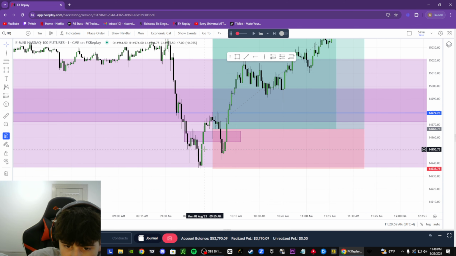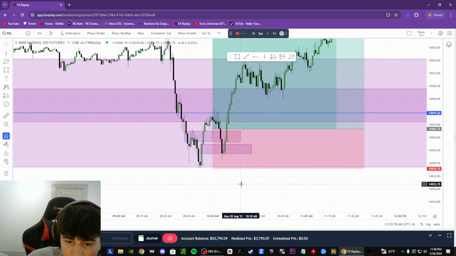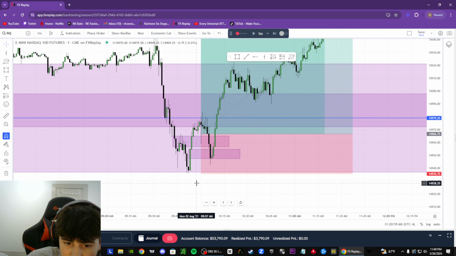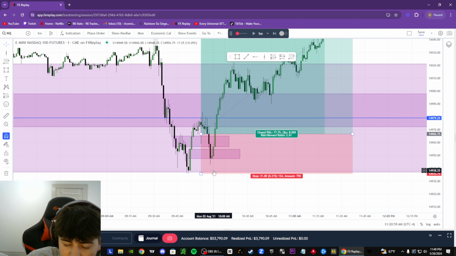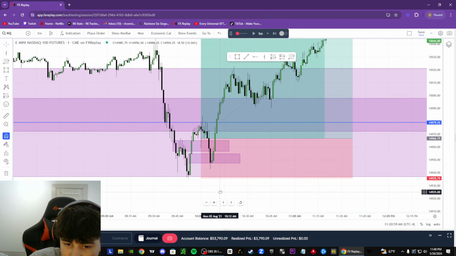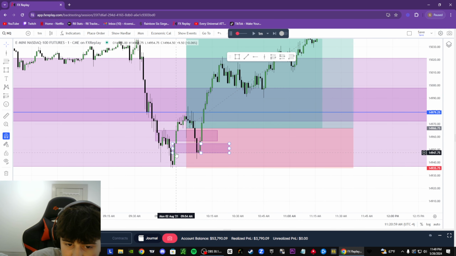Now, a more specific stop loss, you can't really show this on paper, so I like to just put it here. But my stop loss would have been if price disrespected this fair value gap, this final fair value gap.